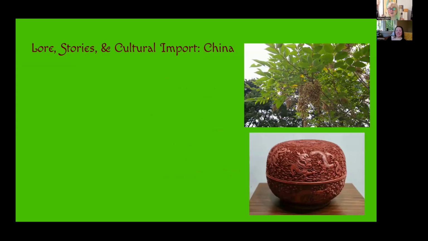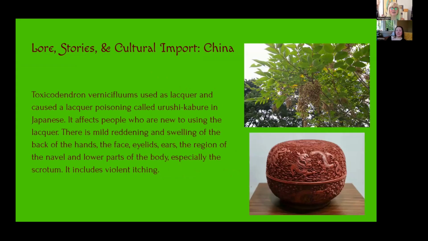In China. So in China, this is Toxicodendron vernicifluum, which we said before. It's a lacquer, okay? And you can see the plant, the vernicifluum is more like a sumac, I think. And it looks like it. It's used in lacquer, but it causes this lacquer poisoning called urushiol in Japanese.